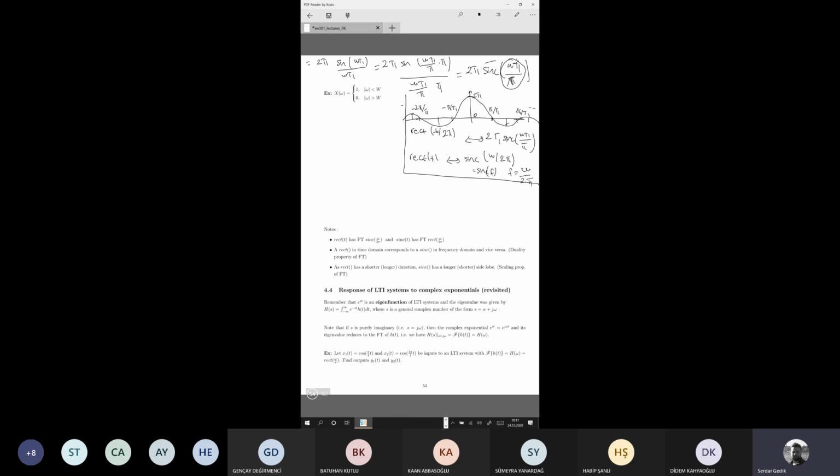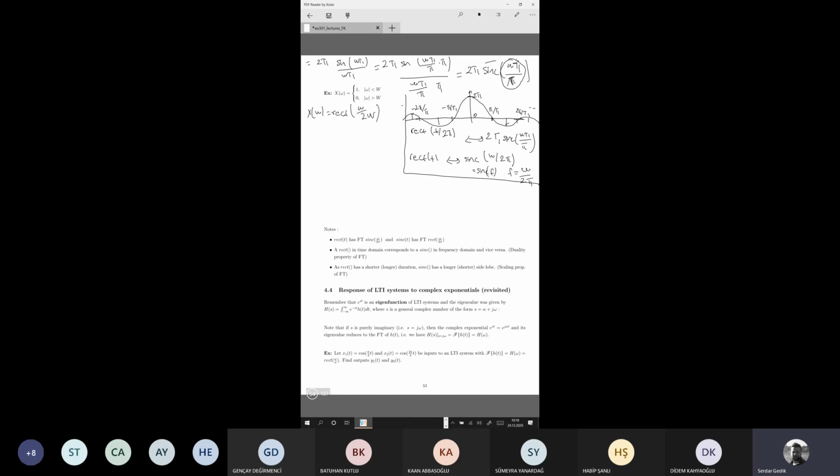Well, what if I have just the opposite? So if I have X of omega, then what is the corresponding x of t? So let's write it here. X of omega is nothing but rect omega over 2 omega1.